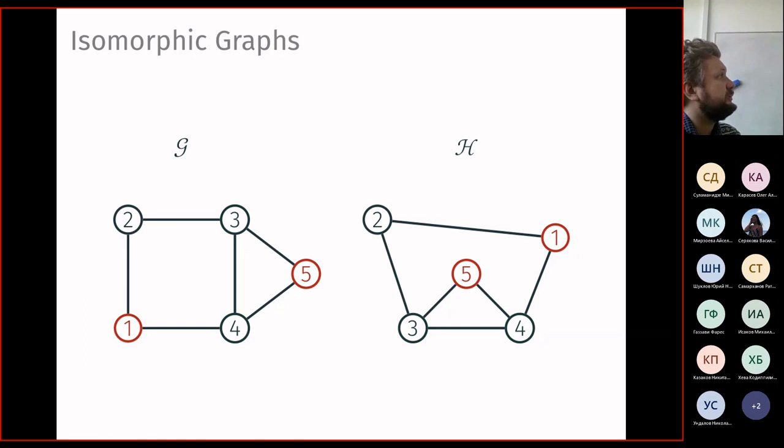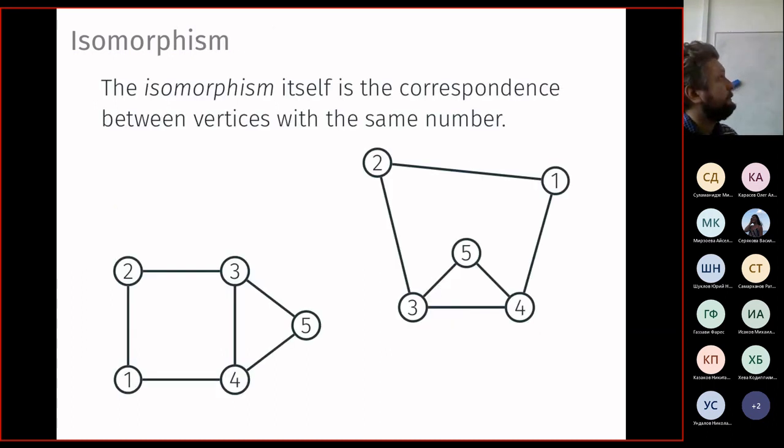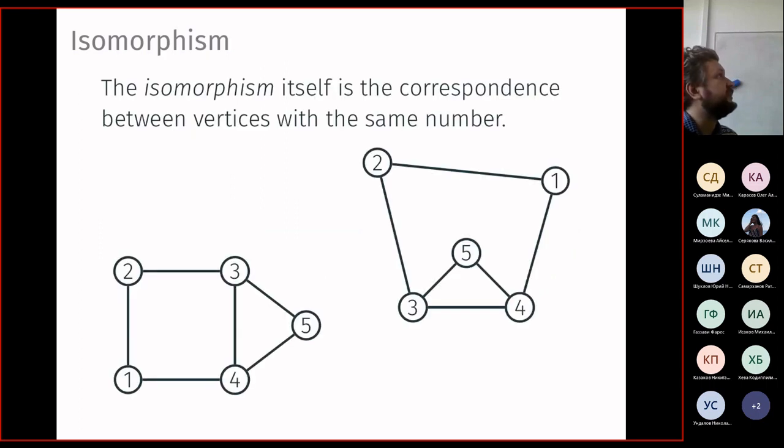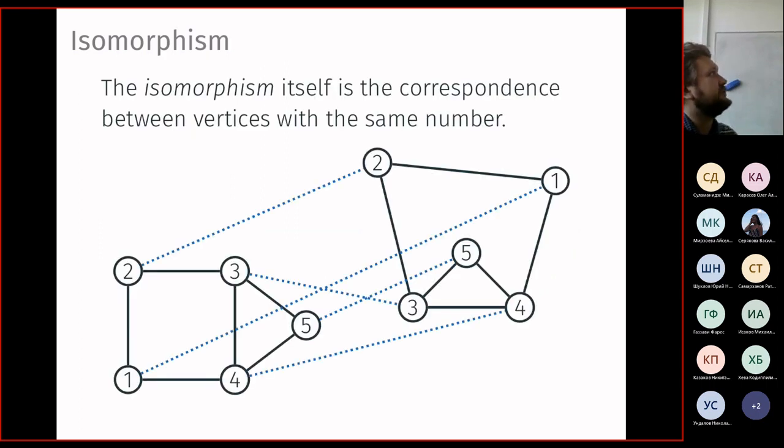Two vertices not connected, 1, 5, they're red here. They're also not connected in the other graph. So this is a one-to-one mapping. This is called isomorphism. And so if such numberings are possible, then the graphs are called isomorphic. And the isomorphism itself as a mathematical object is this correspondence which connects vertices of the same number.